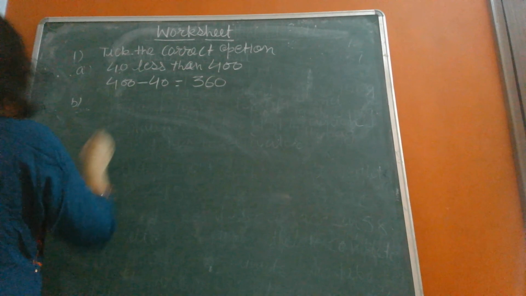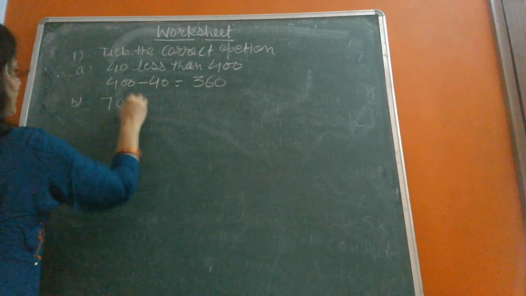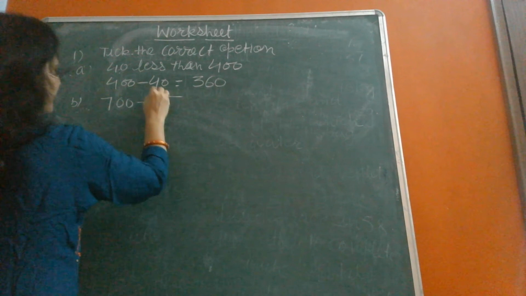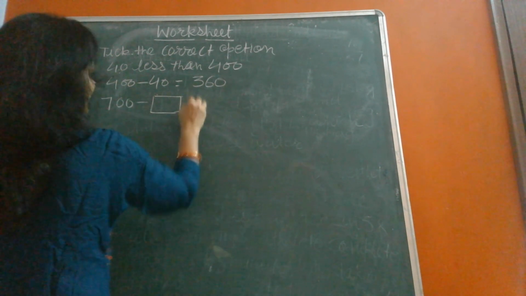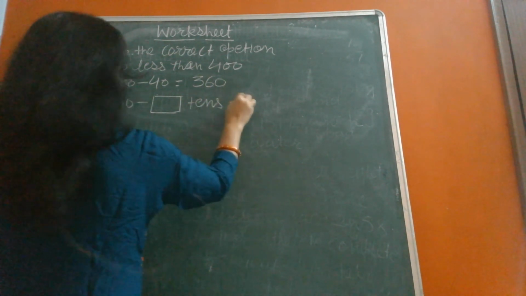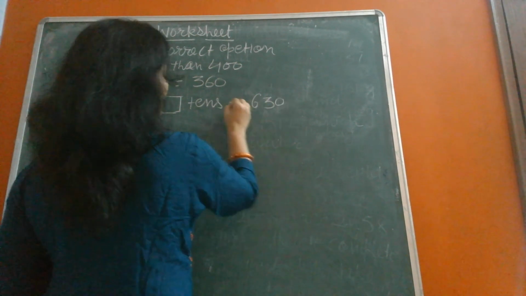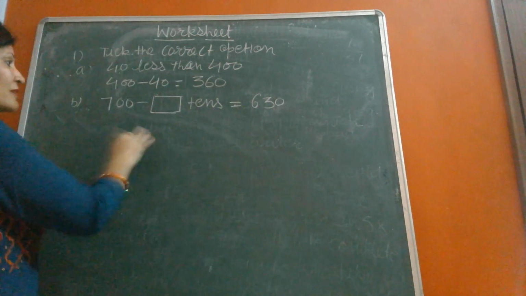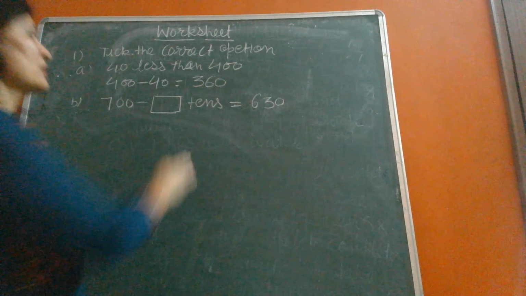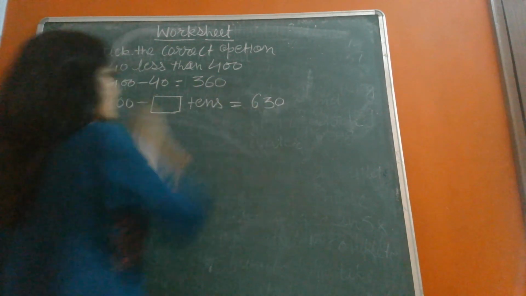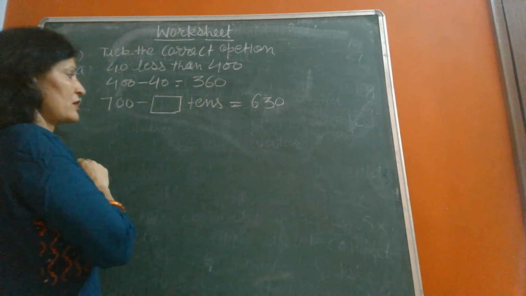Now part B. Part B is 700 minus 10 tens. The answer is 630. In this question there is the answer 630 and there is 700.